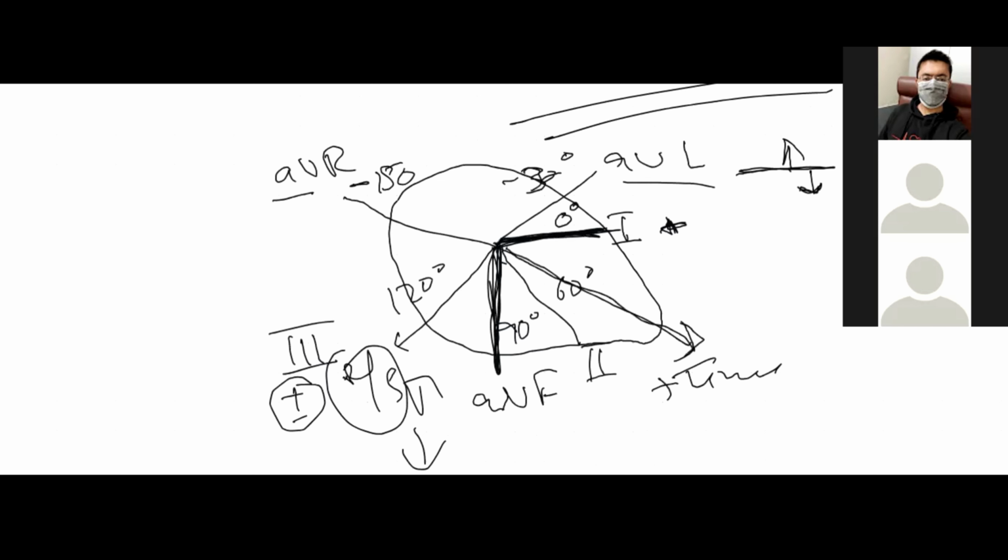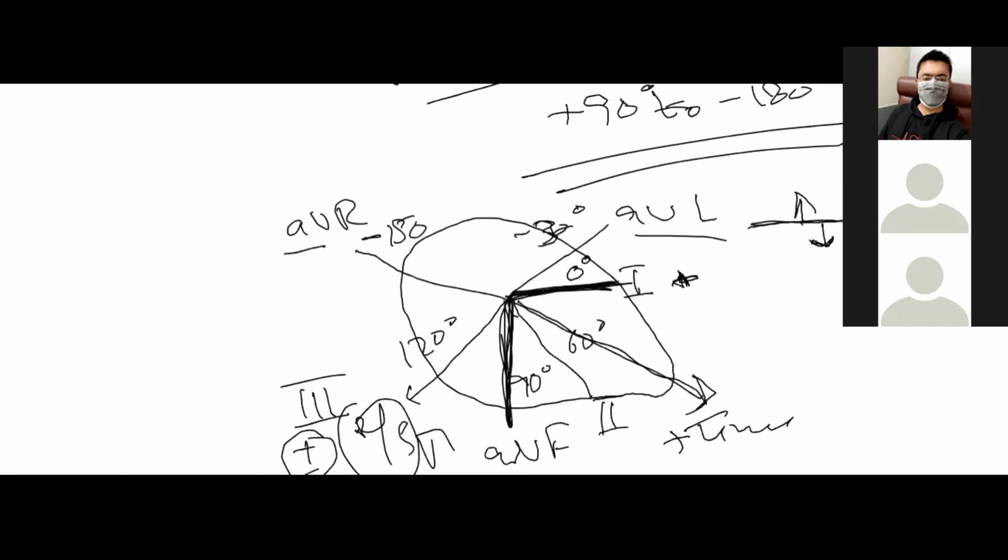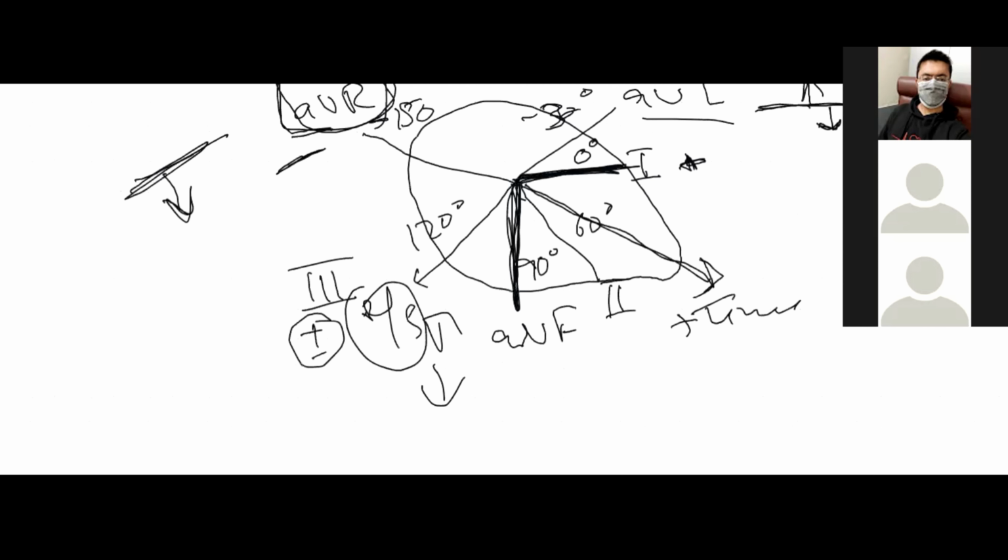So in a normal ECG, the AVR will mostly be negative. That means the electrical presentation of the heart in AVR will be negative. It will be below the isoelectric line. So what happens?